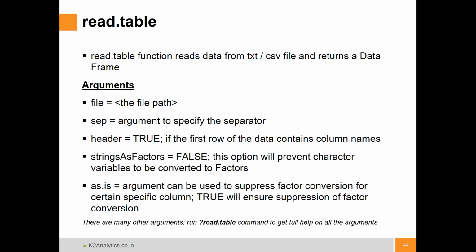The current file that I am importing is comma separated. How will it know that the separator is comma? It is quite possible the separator can be semicolon, tilde, pipe, or question mark. So I'll have to say what the separator is. I provide all the information to it.